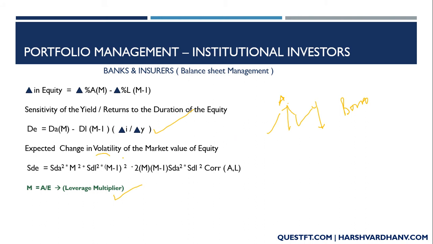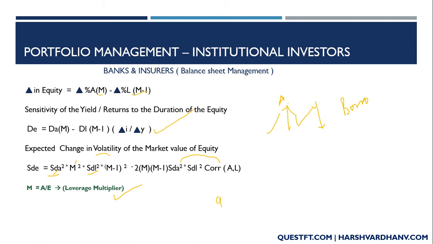Expected change in volatility, we have studied this formula. If you look at it closely, SD over here is standard deviation. I should have used the symbol. So we know this from the variance formula, portfolio variance. It is basically standard deviation of the assets, standard deviation of the liability. Again, the M term is coming from that top one. Just take it as it is, M and M minus 1.